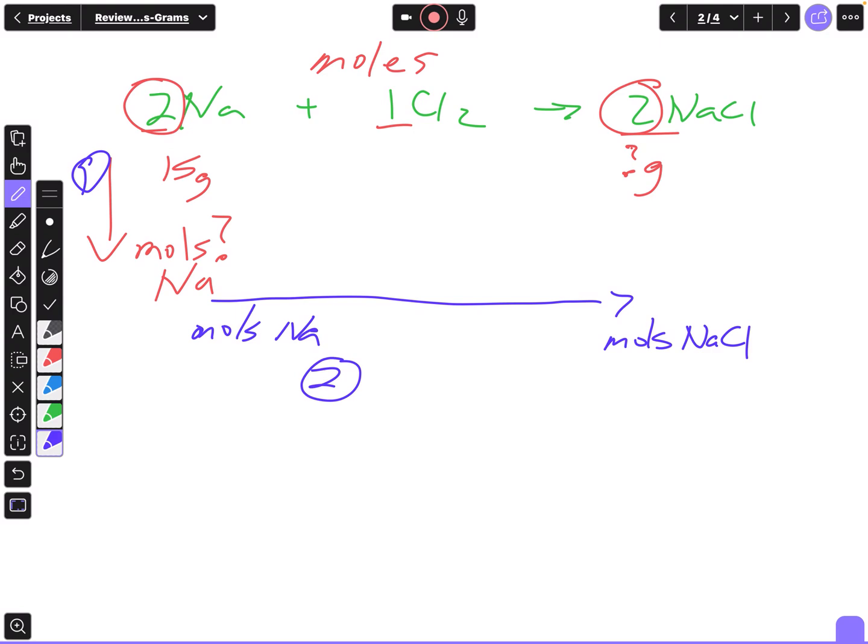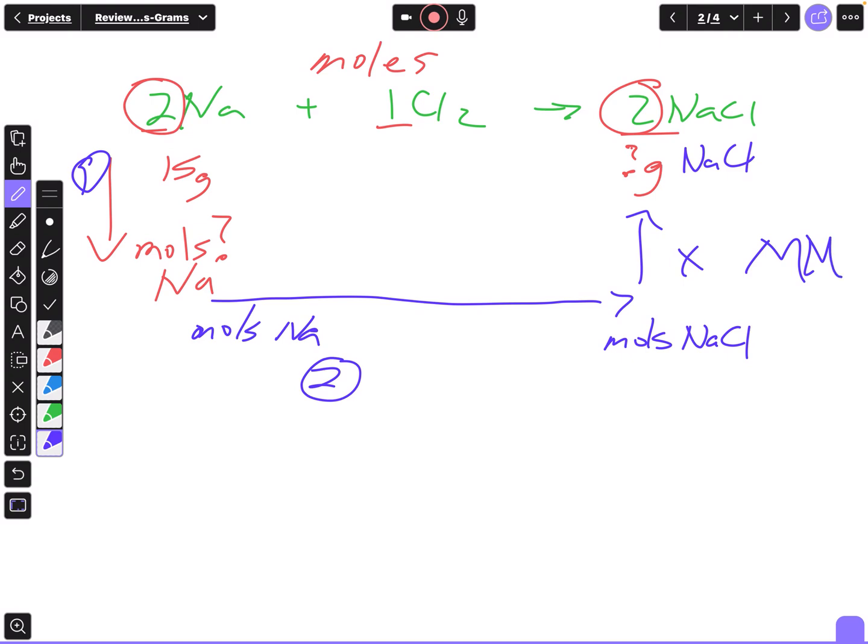And then my last step: once I'm in moles of NaCl, I need to get to grams of NaCl by simply converting to grams, multiplying by the molar mass.